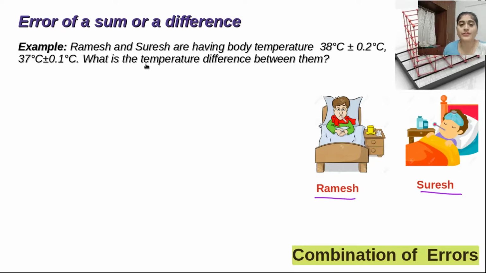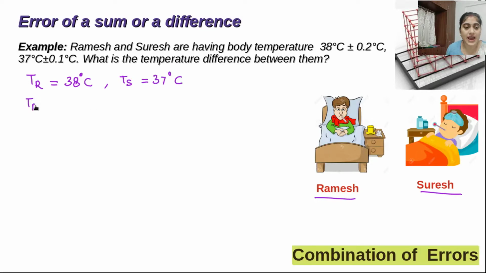Now we are subtracting these two physical quantities. Suppose the temperature of Ramesh TR equals 38 degrees centigrade and the temperature of Suresh TS equals 37 degrees centigrade.